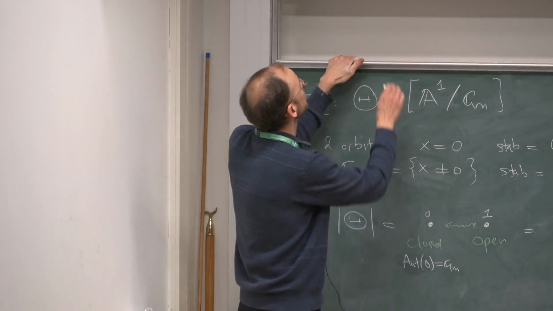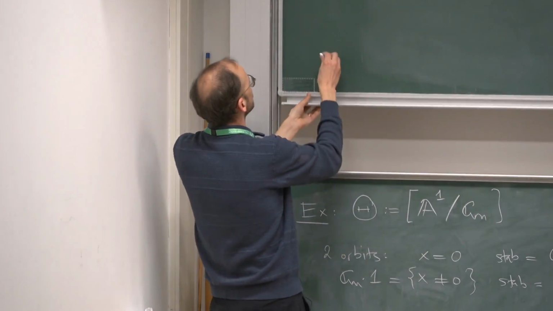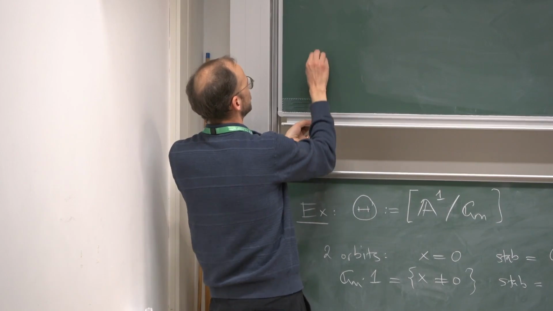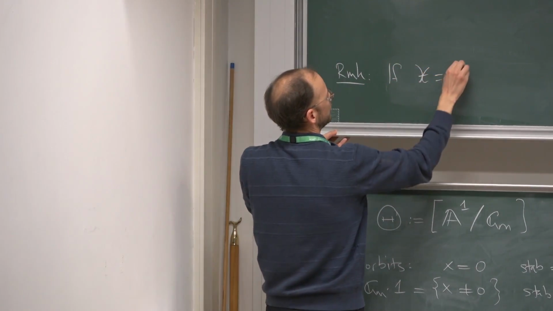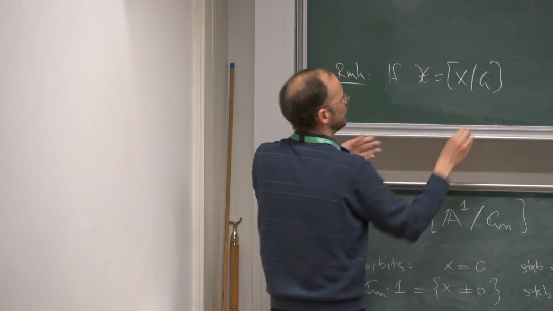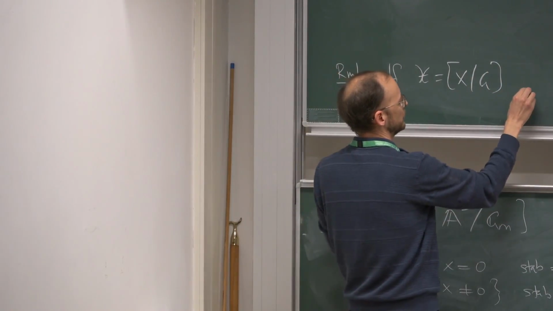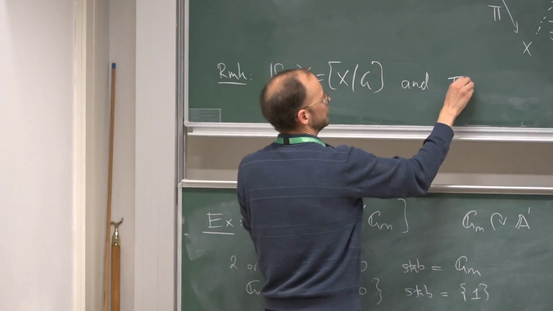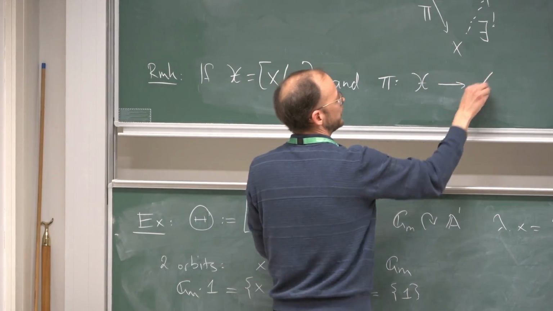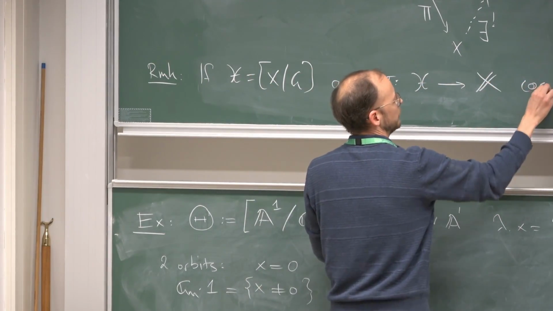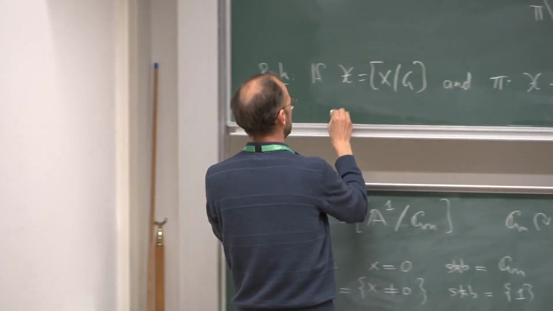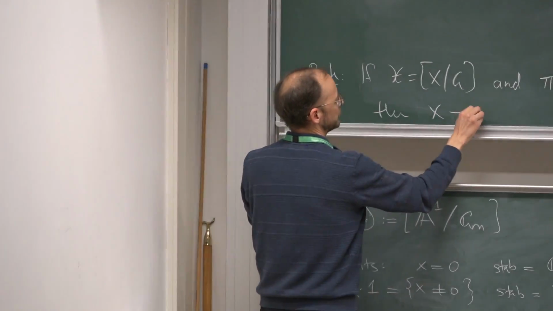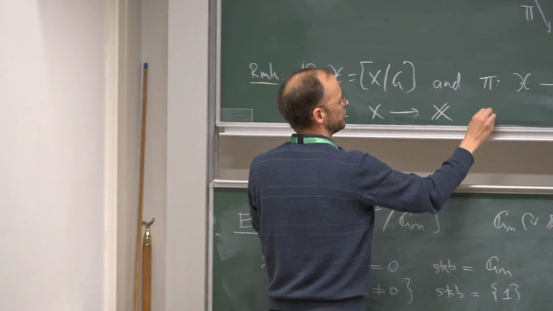But so if X is a quotient stack and this is a coarse space, then X to this is a geometric quotient.